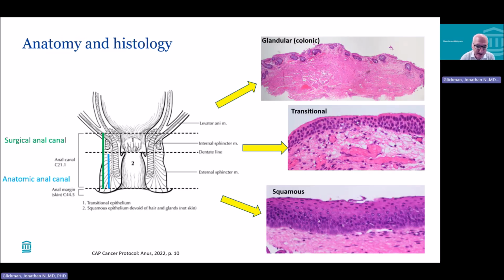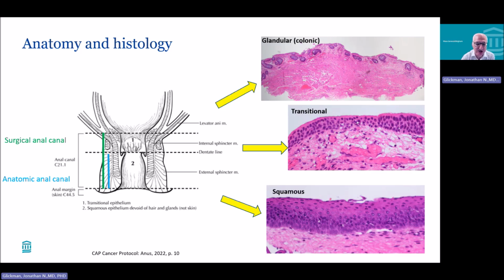So the anal region, comprising the anal canal and the perianal area, can be defined in several different ways. For a surgeon, the proximal limit is the lower limit of the levator ani and also the area of the internal anal sphincter.